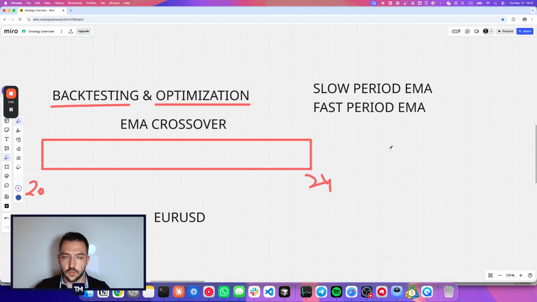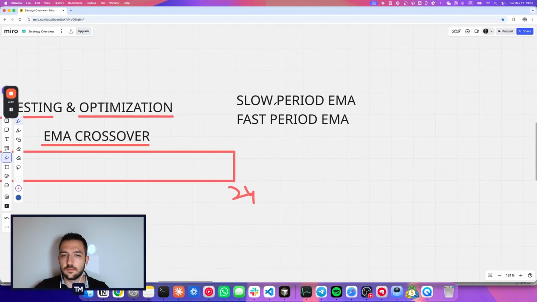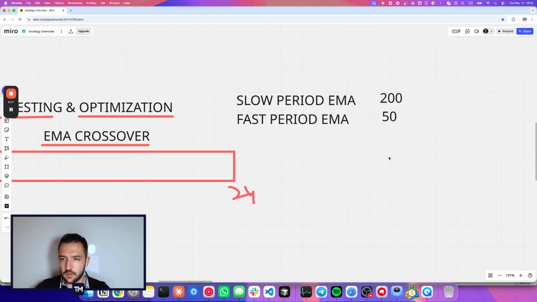So what you would do is you would take your Euro US dollar, you would take the EMA crossover, and then you would say, okay, I want to try out different combinations here. So let's say I want to see the slow being 200 and the fast being 50. This is the most popular combination and I want to test this out.